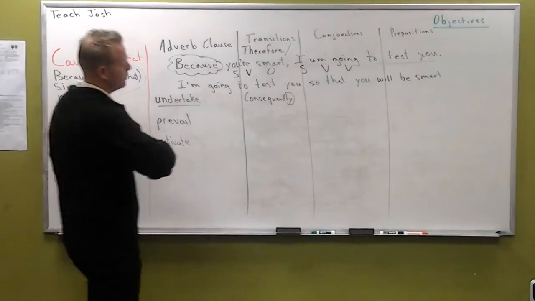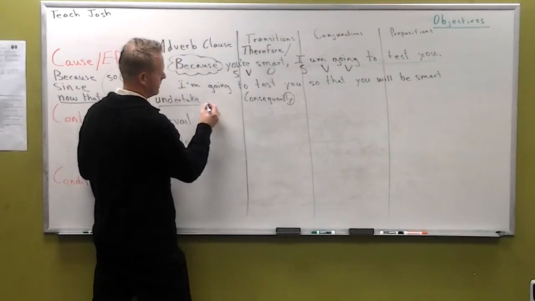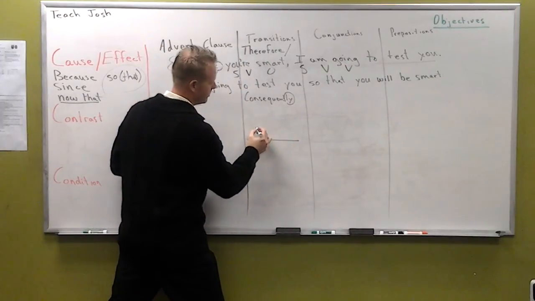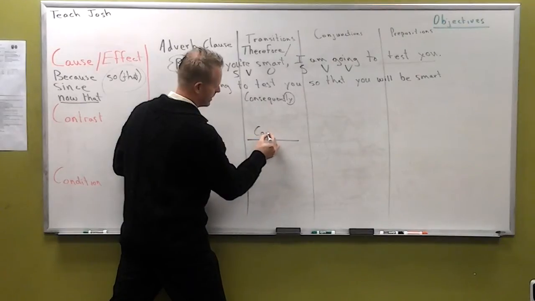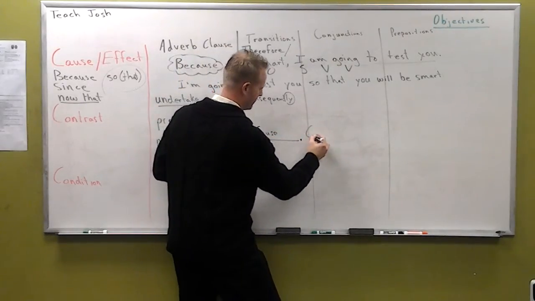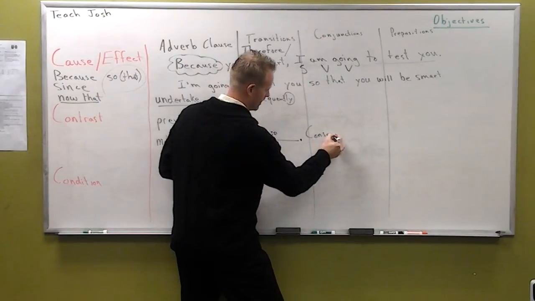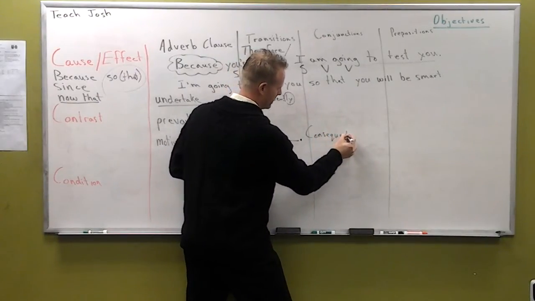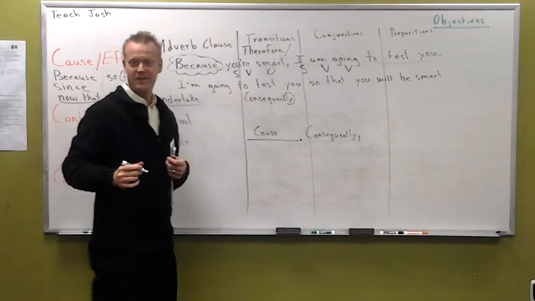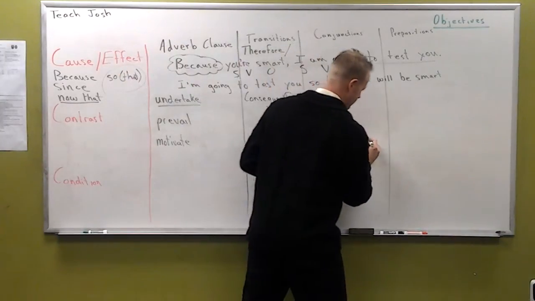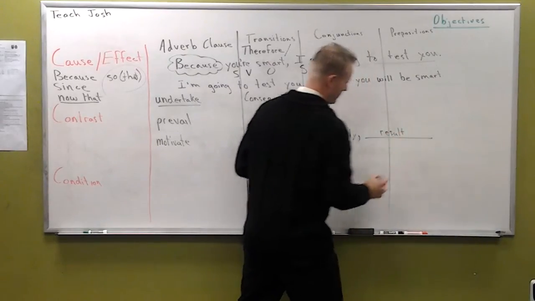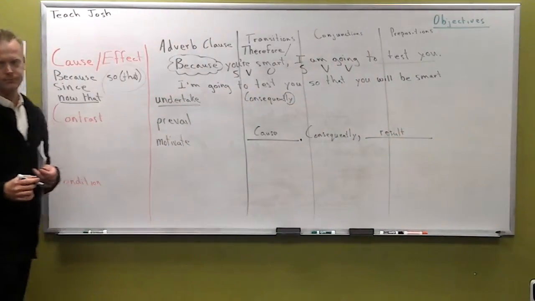So the punctuation here really looks like this. Put the cause here, put a period, and then say consequently, and put a comma, and then put the result. Does that make sense? That's probably the easiest way to do it.